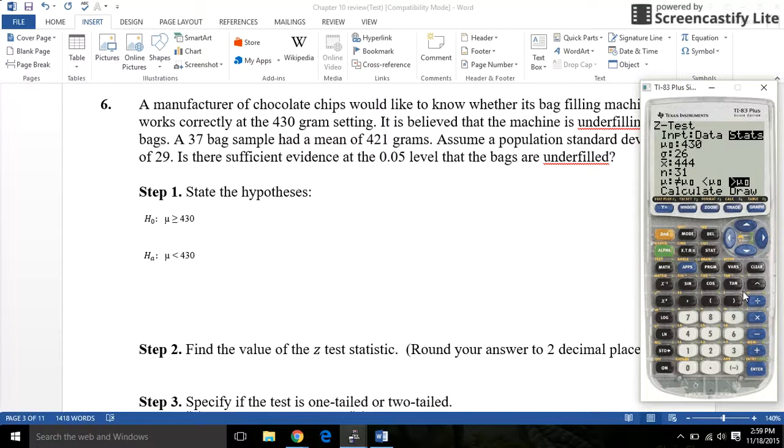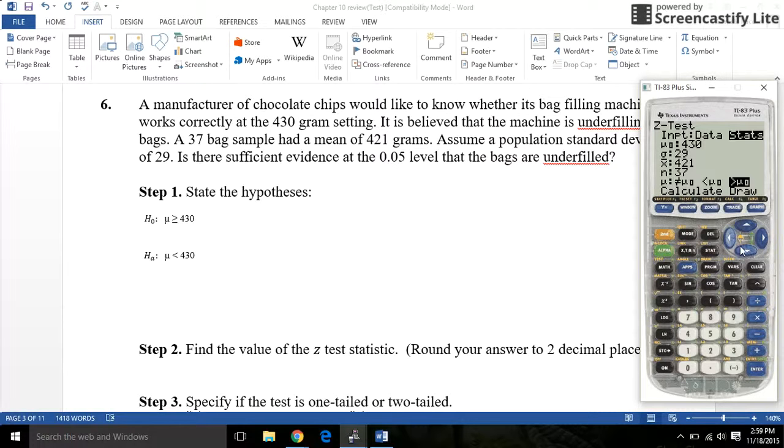My population standard deviation is 29. Let me scroll down. My sample mean, and it tells me right here, mean of 421 grams, so that's 421. My sample size is 37.